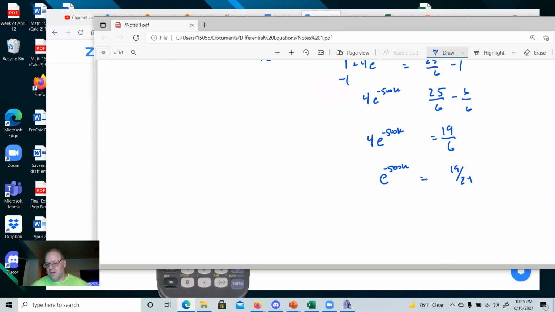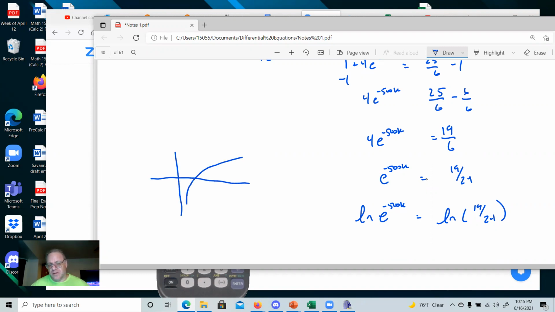When I take the logarithm of both sides, 19 over 24 is a number that's less than 1. So when I take this logarithm, it's going to be negative, because remember, the logarithm looks something like this. Here's 1. So anything that's a fraction is going to give me a negative number.